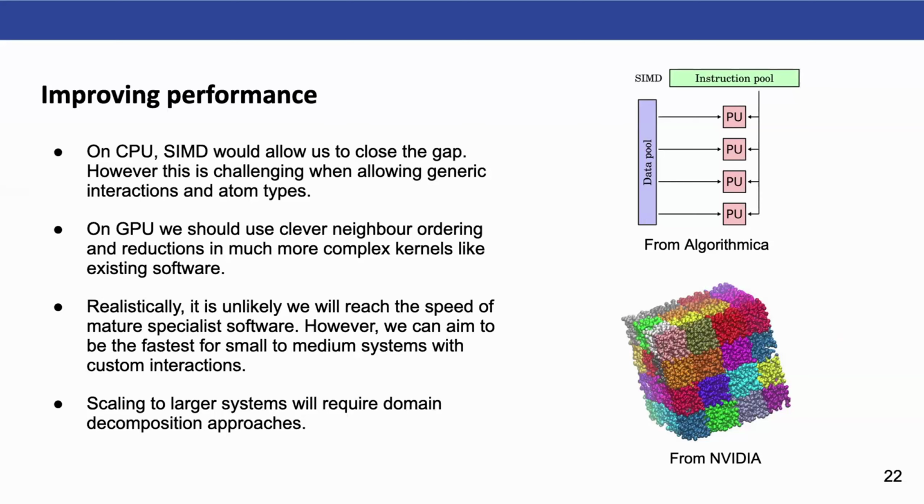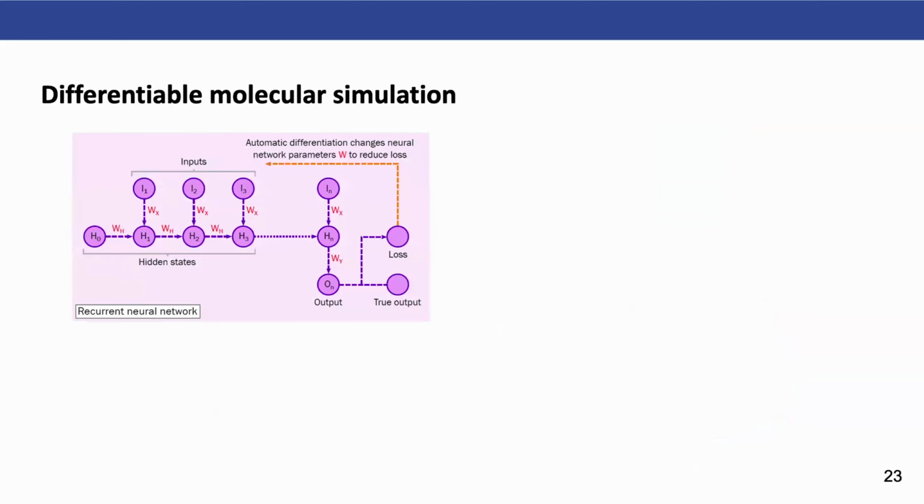Being realistic, we're not going to reach the speed of LAMMPS, GROMACS, etc. However, we can certainly aim to be the fastest for small to medium systems when you're using custom interactions. That's very achievable. And then if we want to think about scaling to really large systems, you have to think about splitting up your system into domains. That's not something we're currently thinking about, but maybe one day.